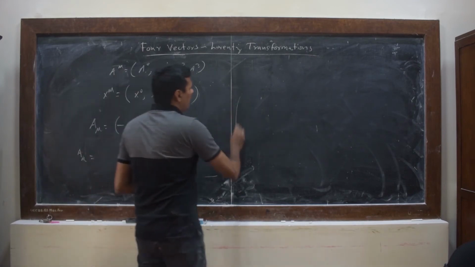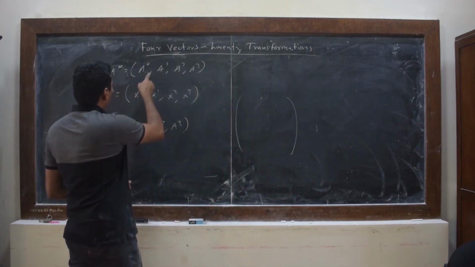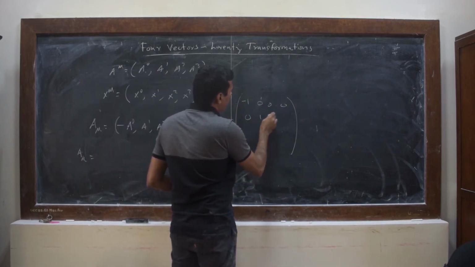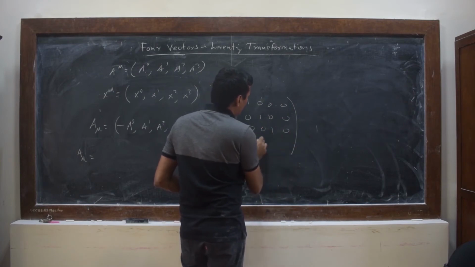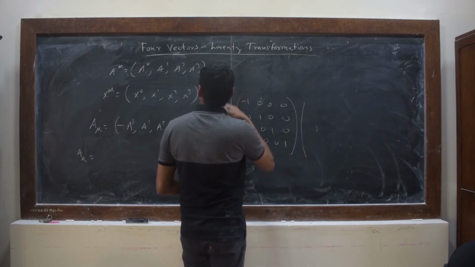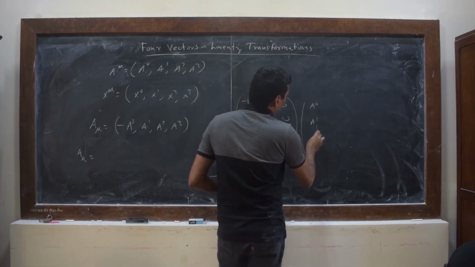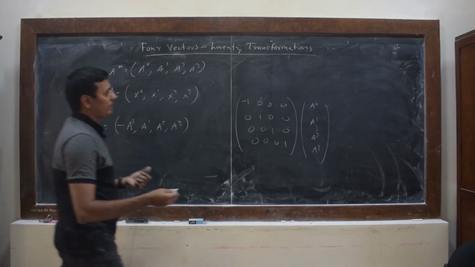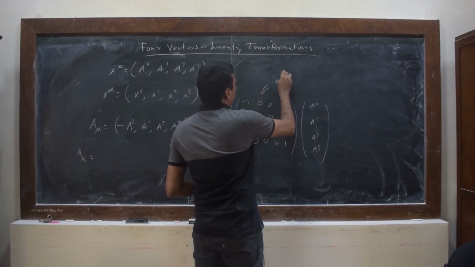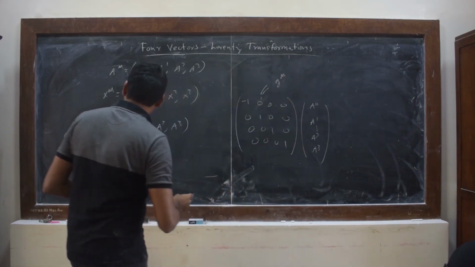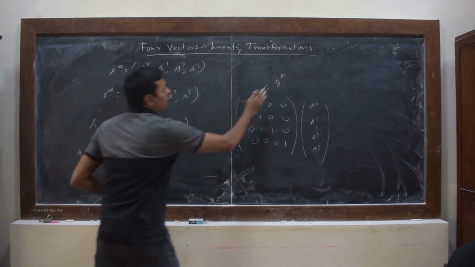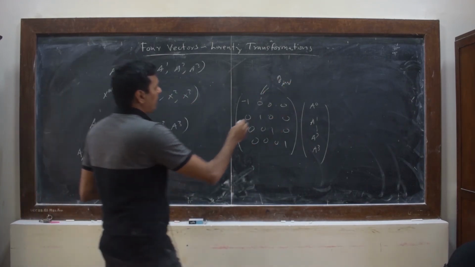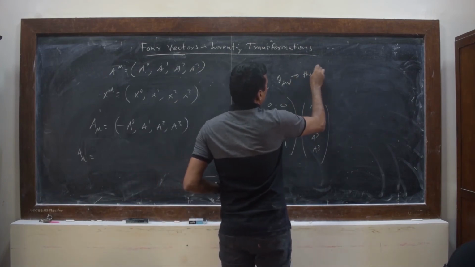I can take the matrix with rows -1 0 0 0, 0 1 0 0, 0 0 1 0, 0 0 0 1 and multiply it with A0, A1, A2, A3. This object is called G_μν, and it is called the metric tensor.